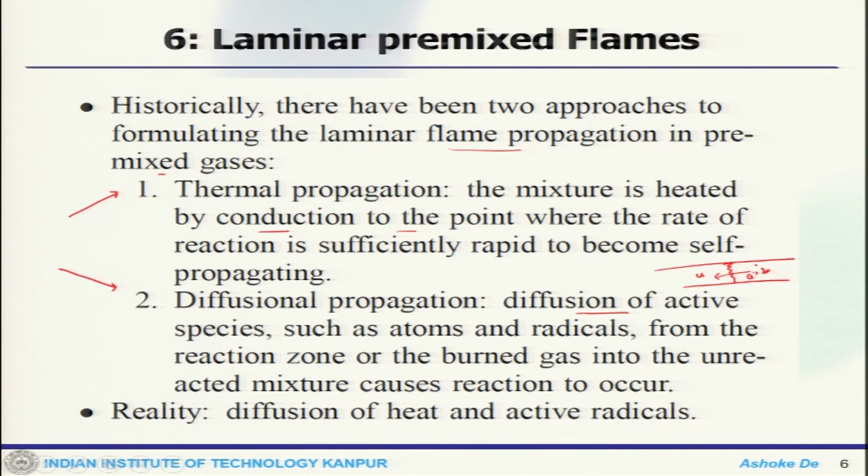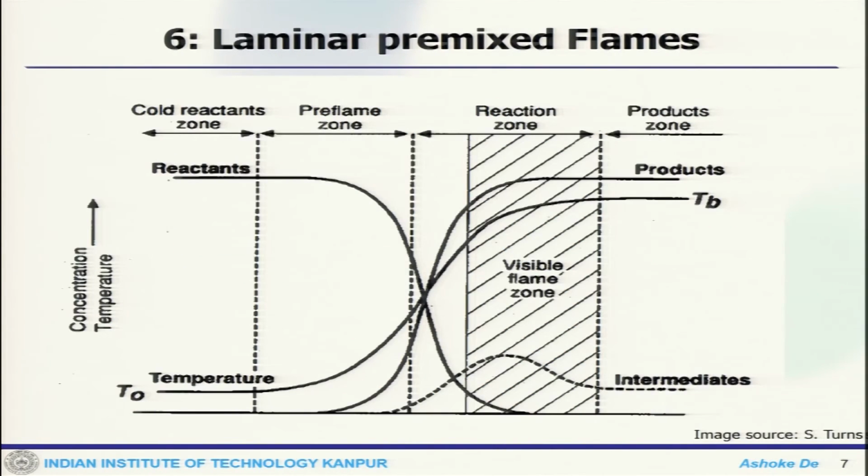In the other case, the diffusion approach is that from here the active radicals or atoms or species diffuse through to the unburned side. So, in reality what happens is that diffusion of heat and active radicals are both essentially there, because when there is an unburned mixture on this side, in the obvious situation there will be heat transfer to the unburned mixture, and there will also be some transfer or diffusion of the active radicals, which will take part in the process.